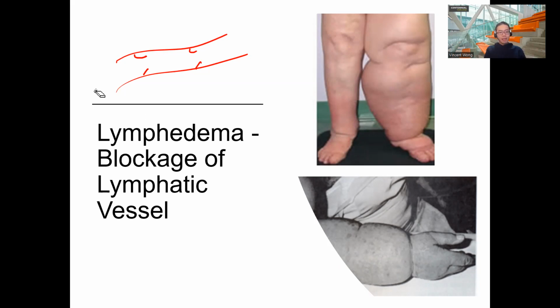And so if you damage these valves, and it could happen because of a certain type of parasitic infection, it would cause a severe backlog of the lymph. And if the lymph cannot return to your general circulation, then you would have a lot of interstitial fluid building up, right? Do you know what I mean?